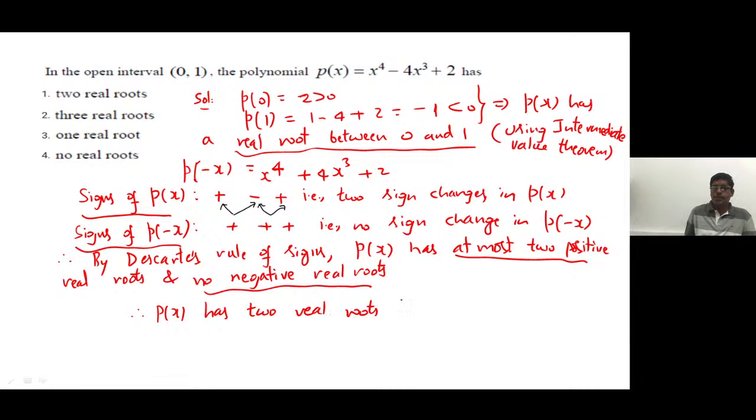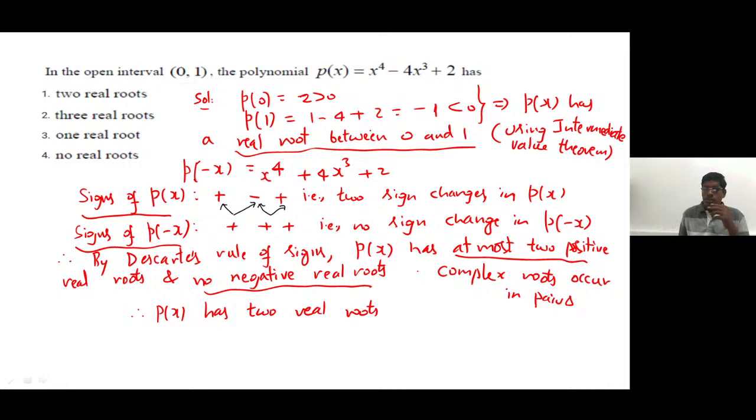Why? Complex roots of any polynomial occur in pairs, like 2 plus or minus 3i. That is, the number of complex roots is always an even number: 2 roots, 4 roots, 6 roots. A fourth degree polynomial has 4 roots.